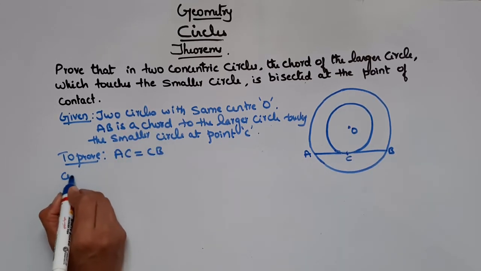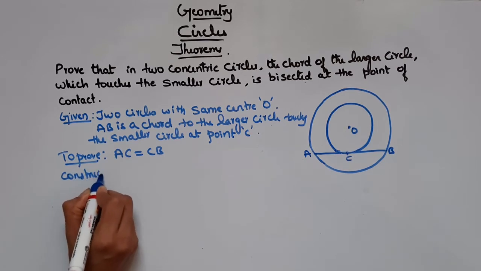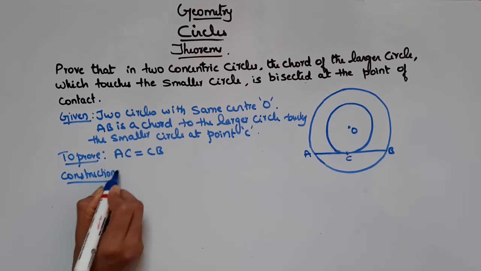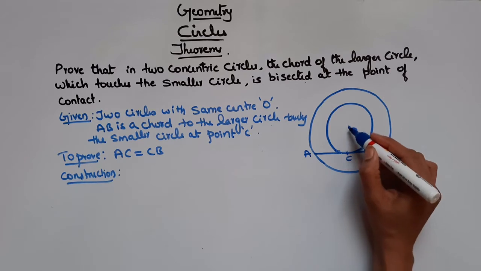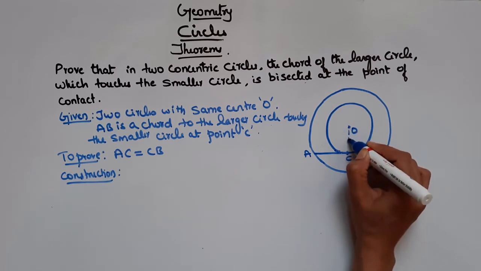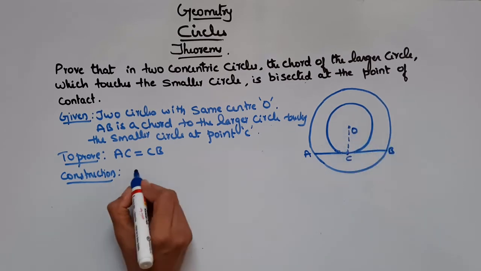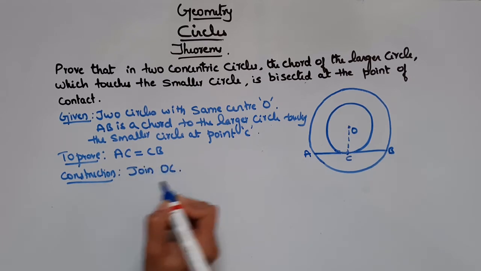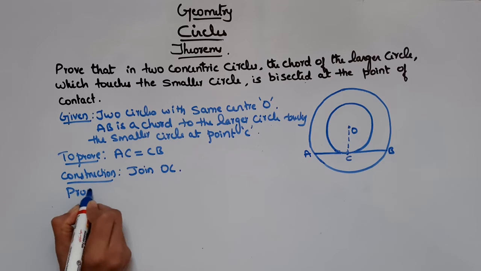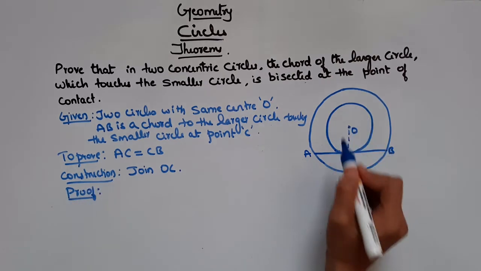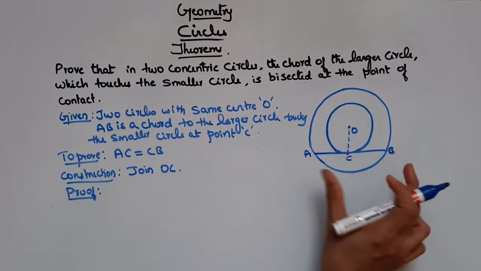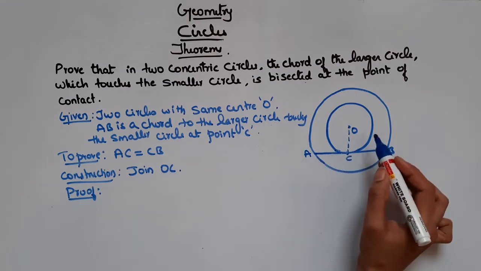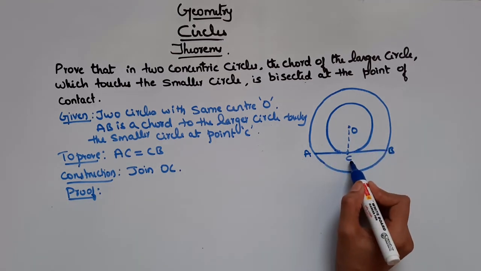So now what is the construction? Let's join OC. Join OC. Now let's see the proof. Now if you see the figure, here AB will be a tangent to the smaller circle at point C. Agreed?